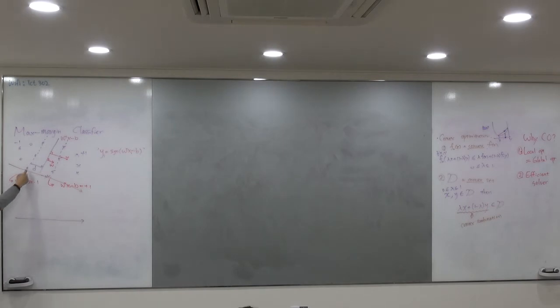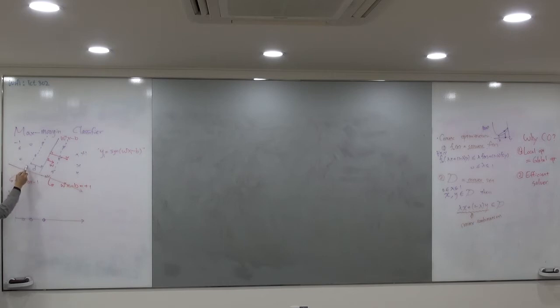All the data on the border should lie here. Agreed? These three should project here, and the others will lie somewhere behind. And these should lie here, but I'd like to put in another axis. yi means the label of the data.